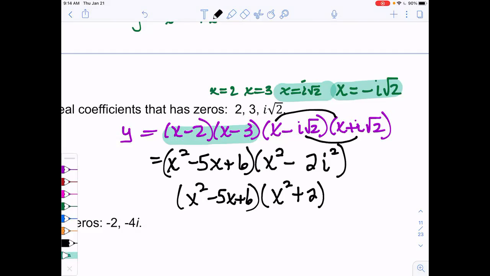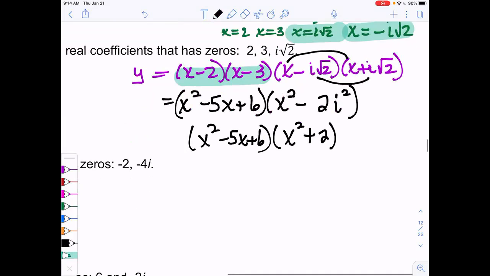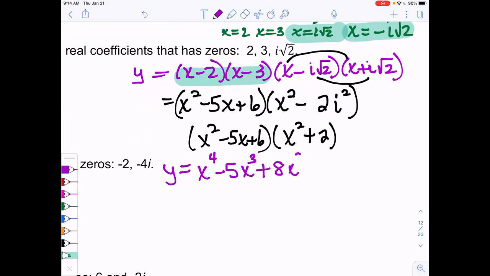All right, so we did multiplying here, multiplied the reals, multiplied the imaginaries. Got to do a little bit more multiplying. So Gianna, could you walk us through the multiplying here? And that's your final answer, correct?